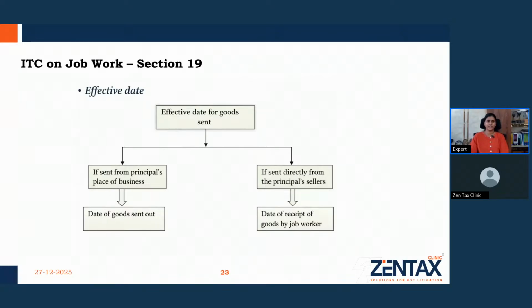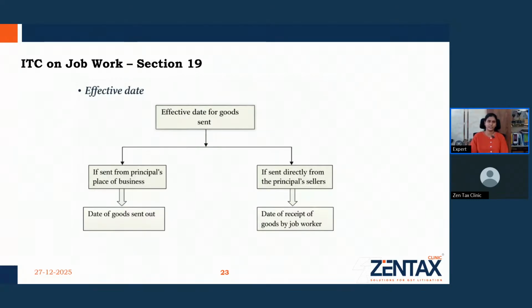In another scenario, the principal can direct his supplier to directly deliver the goods to the job worker. In many practical scenarios, instead of receiving the goods from the supplier and sending them to job work, the principal, that is, the registered person who is sending for job work, directs their suppliers to directly send the goods to their job worker.